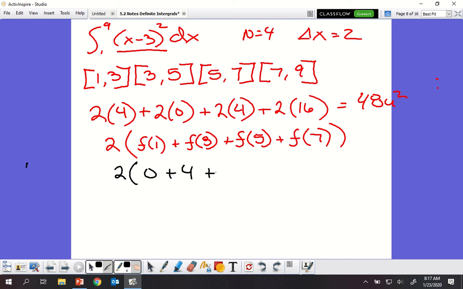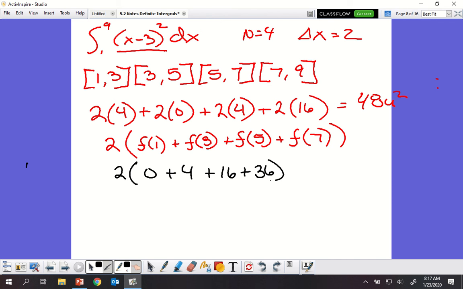F of 7 gave me plus f of 9, which is, there we go. So writing it out like this, if you notice it comes out to be easier and easier because I factored out the 2. I just add those together and multiply by 2.